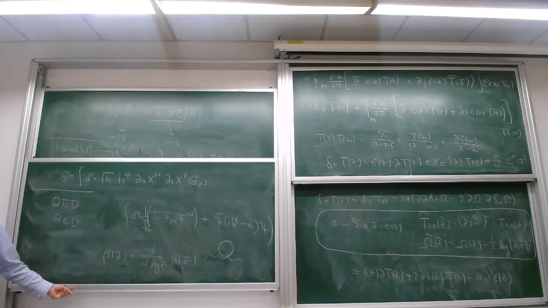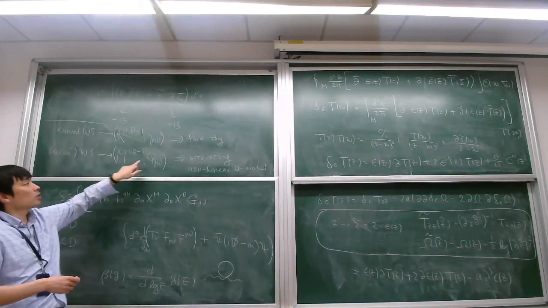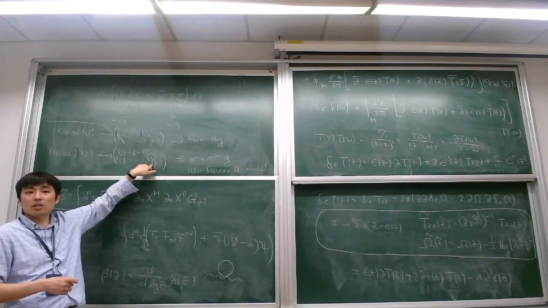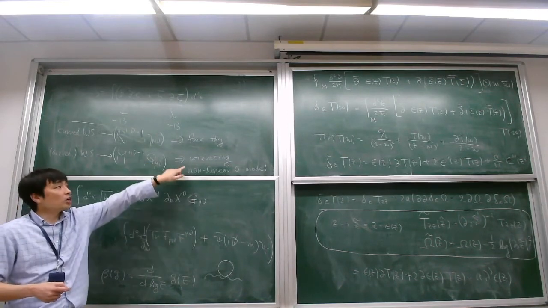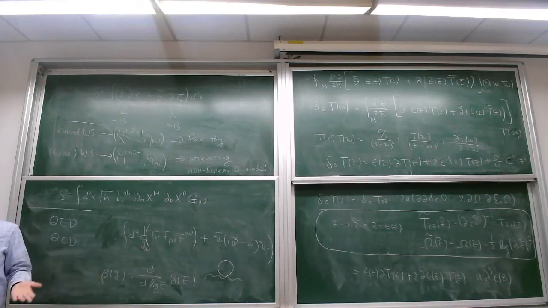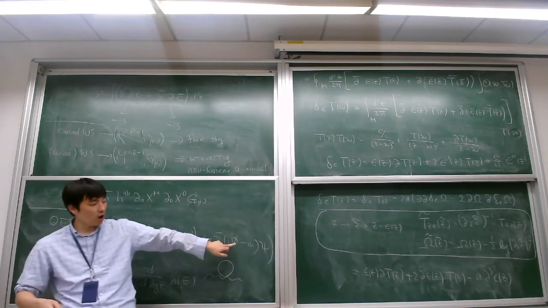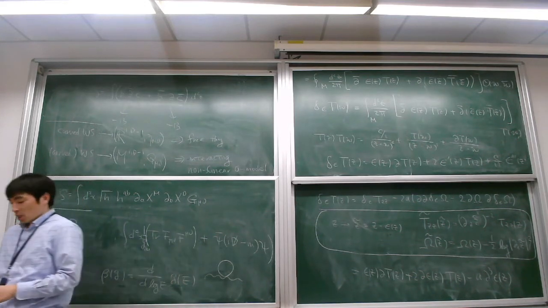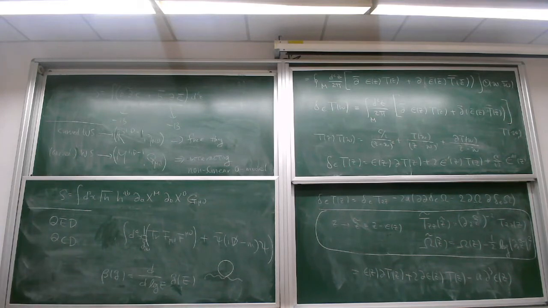Now the metric is non-trivial, and it is an interacting theory. This coupling constant measures how the photon and electron interact, and it shows up with this D slash. This coupling constant measures how the gluon and the quark interact.